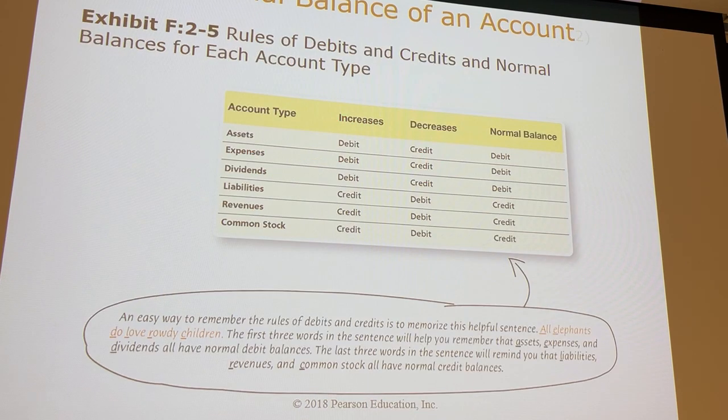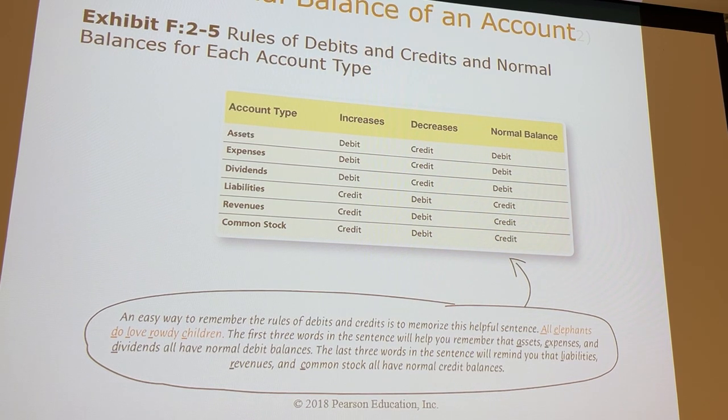And here's an exhibit that comes from the textbook too. Notice the column that says increases, that column is identical really to the column that says normal balance. Whatever side of the account causes it to go up is going to be what we call the normal balance for the account.